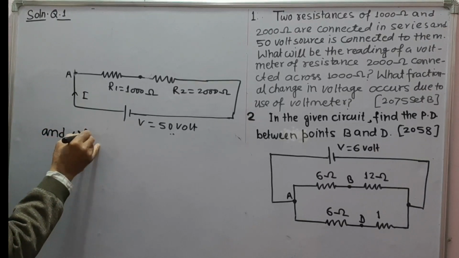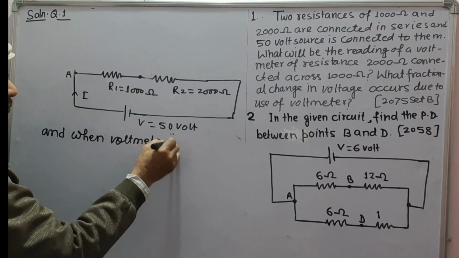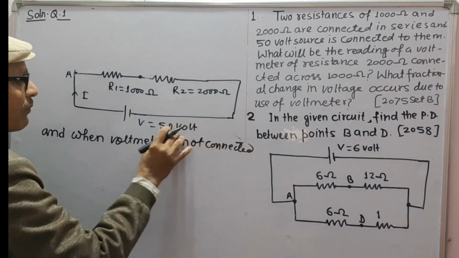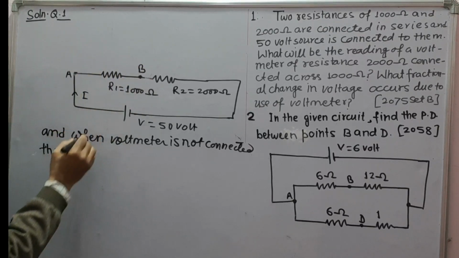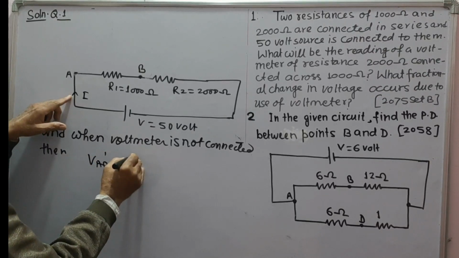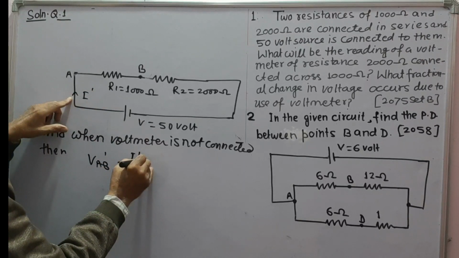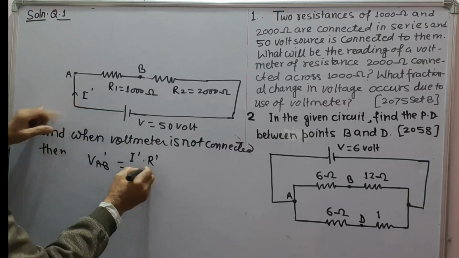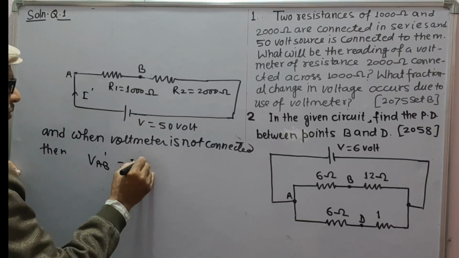And when the voltmeter is not connected, then VAB dash will be equal to I dash into R1.